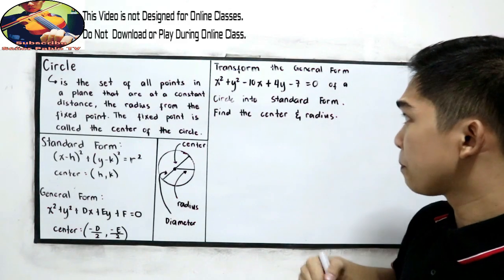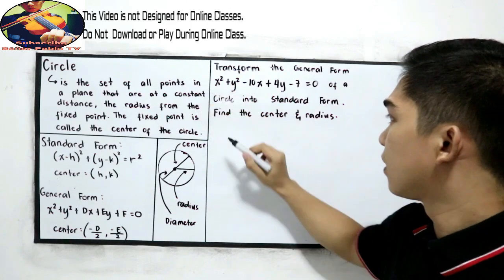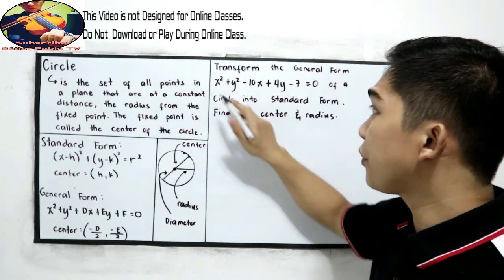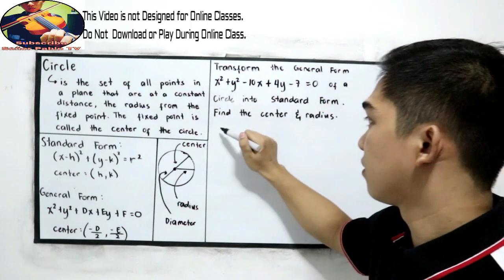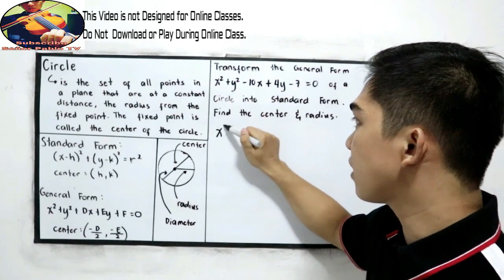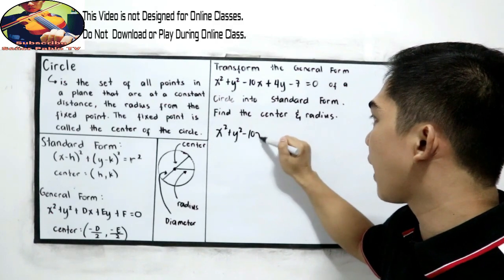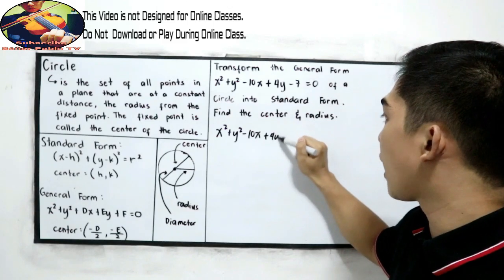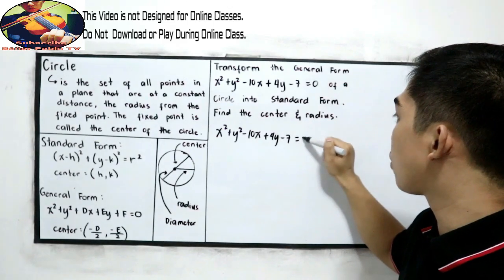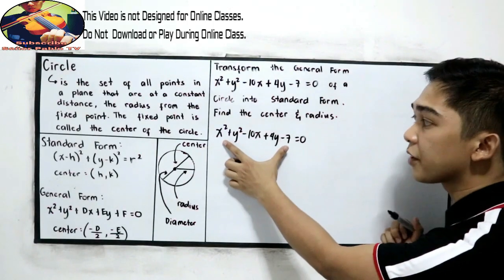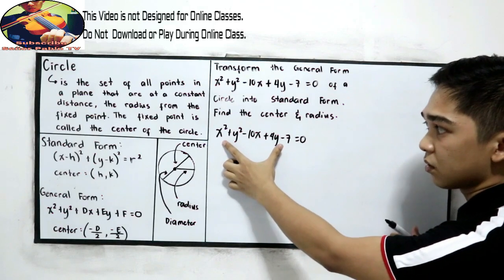So first step, rearrange our given. Okay, the given is x squared plus y squared minus 10x plus 4y minus 7 is equal to 0. This is our given. Rearrange.